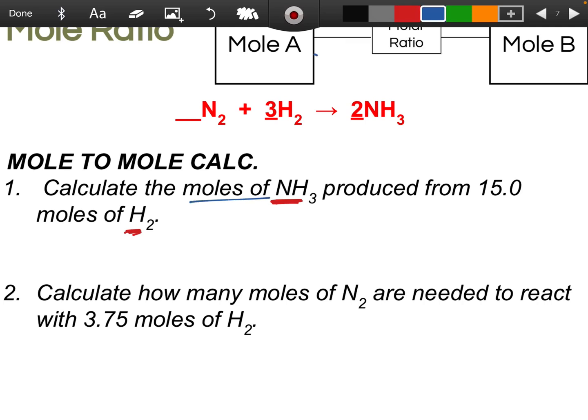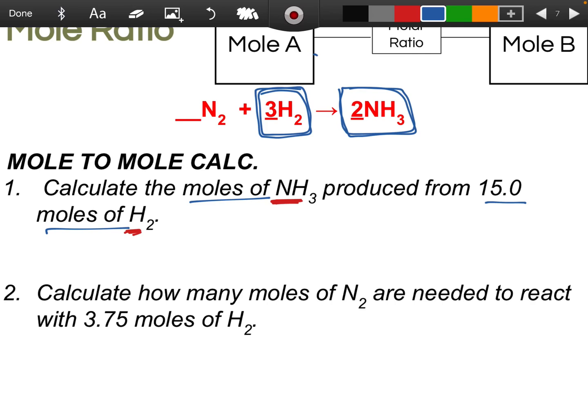All right, so we want to calculate the moles of NH3. So we are comparing the ratio of NH3 produced from 15 moles of H2. So in your balanced equation, we're only comparing these two substances. We don't really care about N2. You still need it in the reaction, but we're not going to use the coefficient for any of the calculations.